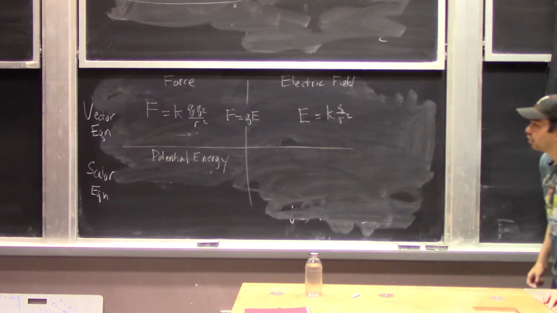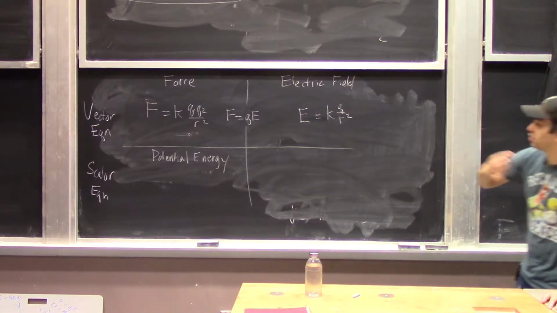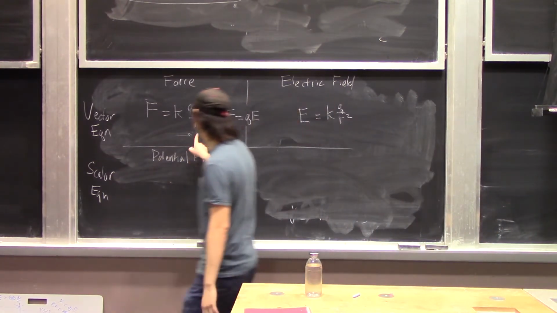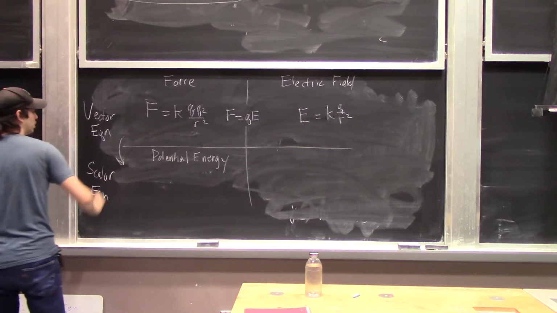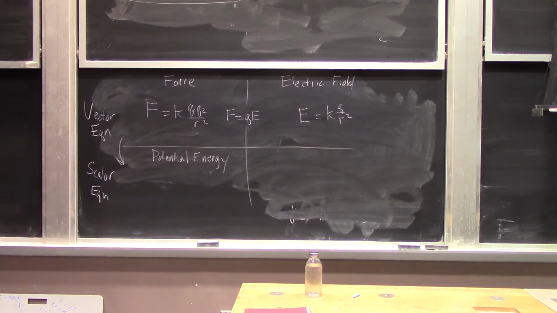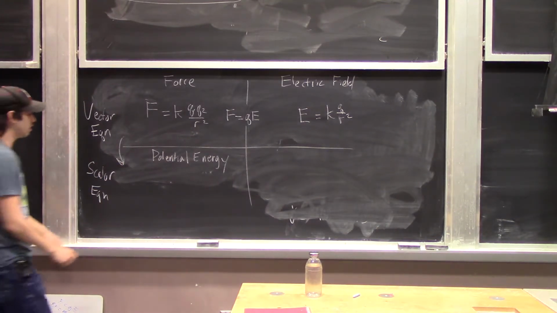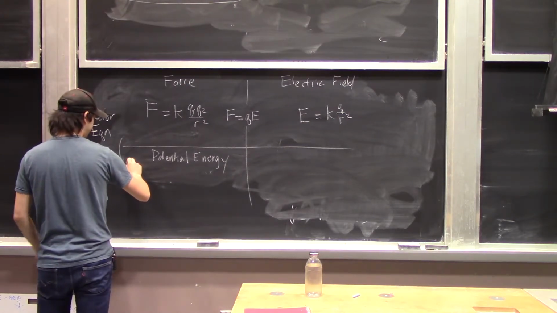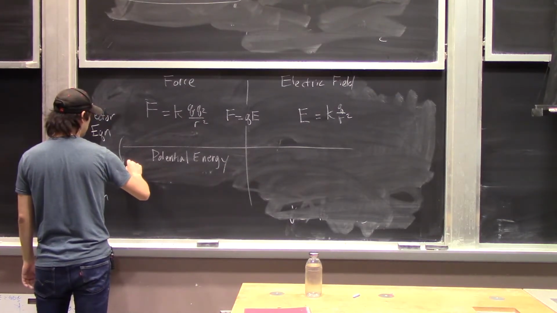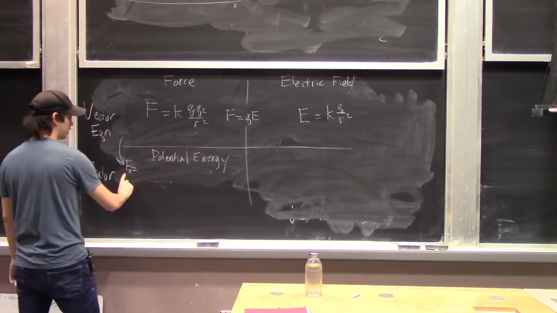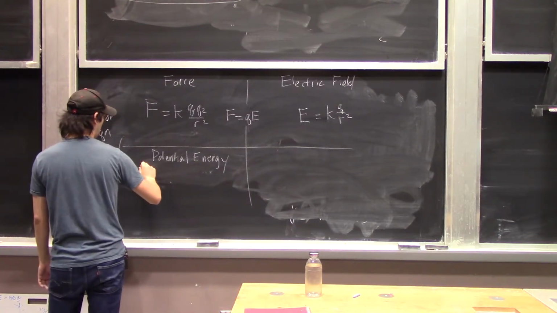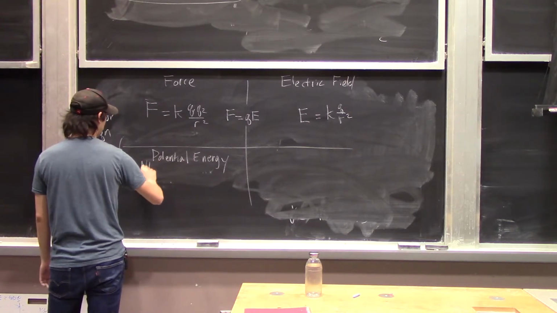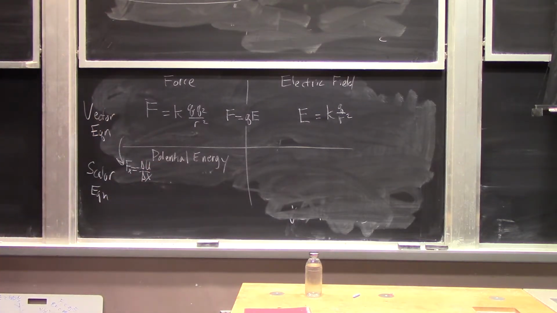Okay. Now, going back to things that we learned last semester, we know there's some relationship between the potential energy and the force. This is to say that the force in some x direction is going to be equal to the negative change in potential energy divided by the change in x.